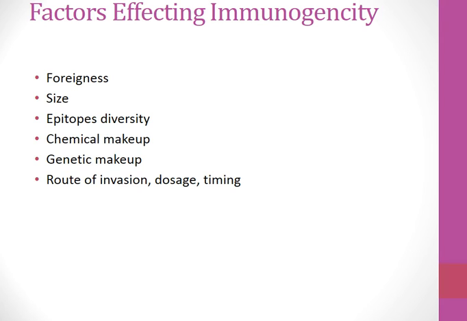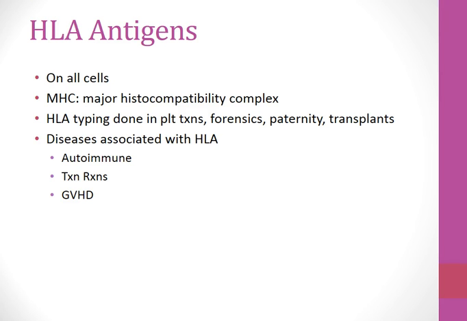Usually the more complex the antigen is, the more likely you have an immune response. The route of invasion, the dosage, and the timing. If there is more of it, or it's exposed to you at a time when your immune system is weak, that depends. All of those things are dependent on whether you make an immune response or not.